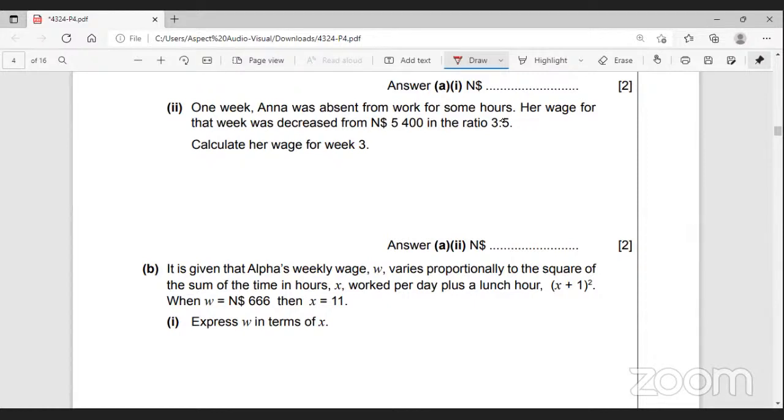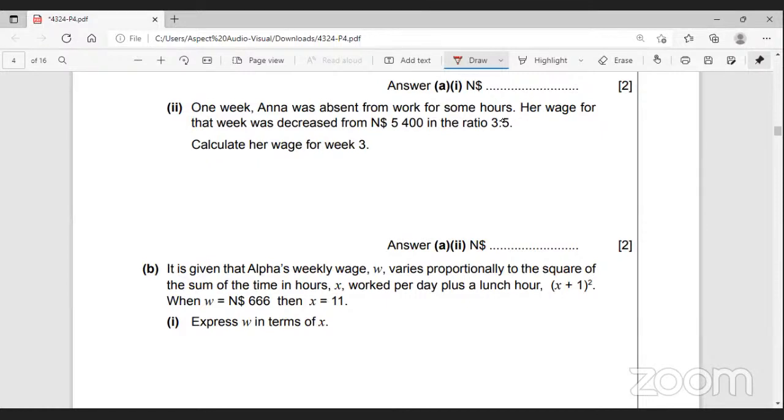And in a week, she gets that amount. How much money does she get per hour? So it's just that amount divided by the total hours she works. Those that are online, are you guys getting me? Right, great.